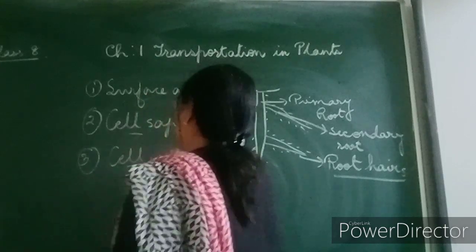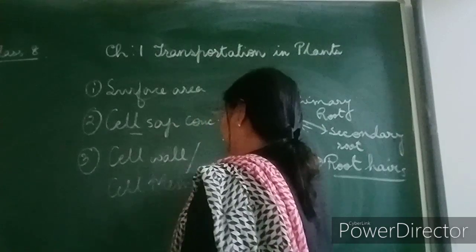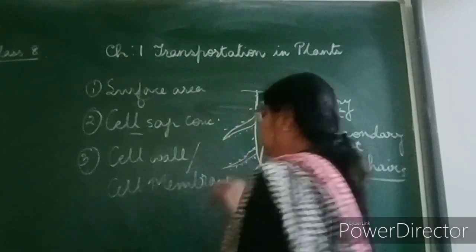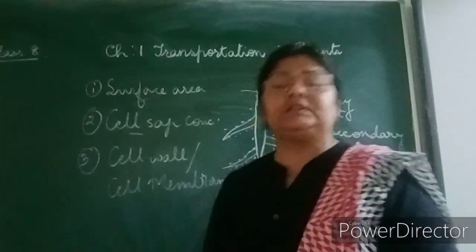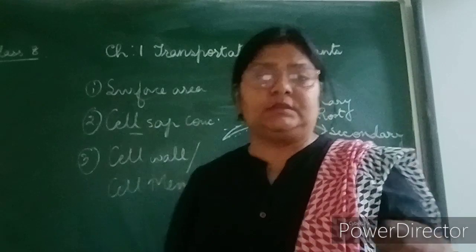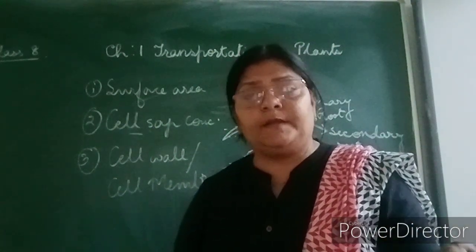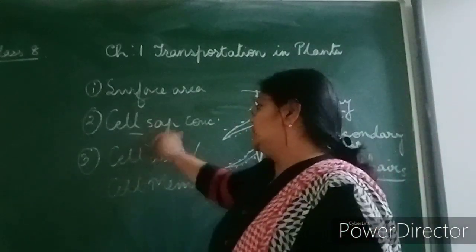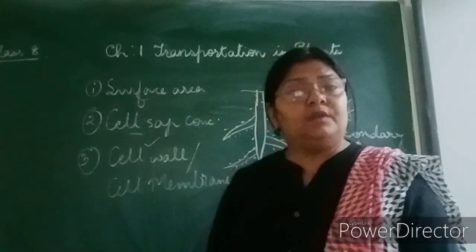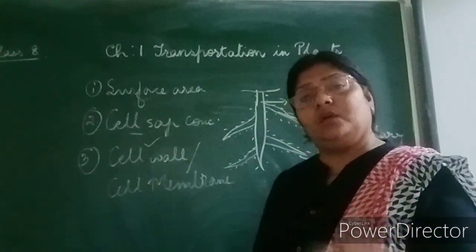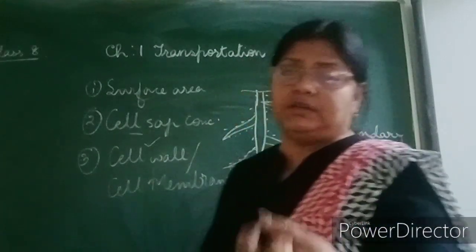Next comes the nature of the cell wall and the cell membrane. If you remember, when we read about the plant cell, there are two outer layers, the cell wall and the cell membrane. The cell wall is the outermost, and it is a permeable membrane which can easily allow particles of any size to enter or leave the cell.